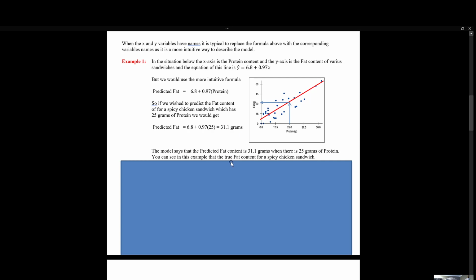What it's saying is our model's best predicted value for it, based on the evidence that we have, the data that we've collected, is somewhere in the region of 31.1. We would hope that if it was a good tight model and the data points didn't vary too much, that the right answer would be darn close to this most of the time, and that's probably the best you can ever hope.